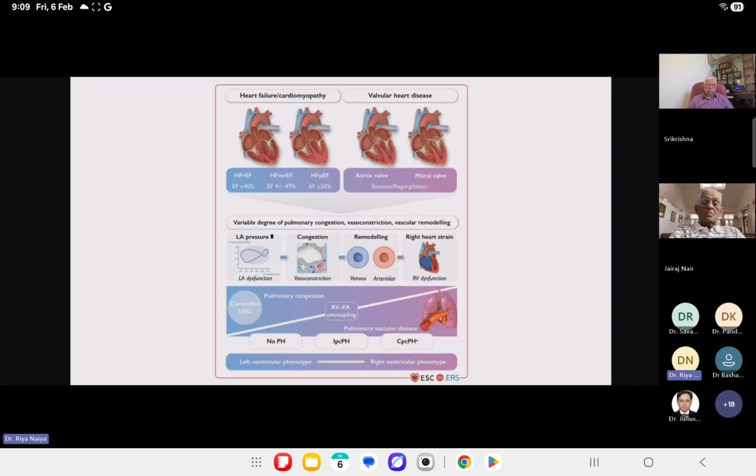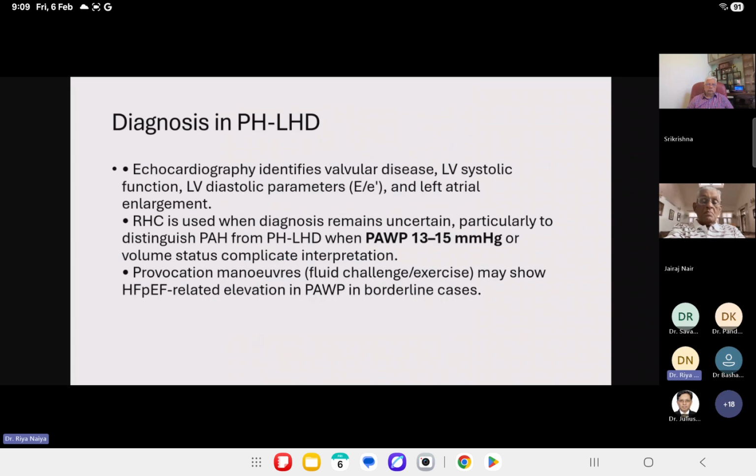Diagnosis of pulmonary hypertension with left heart disease. Main modality of diagnosis is echo, which identifies the valvular heart disease, the LV systolic function, LV diastolic parameters, and left atrial enlargement. Right heart catheterization is used for diagnosis when it remains uncertain, particularly to distinguish between pulmonary arterial hypertension and pulmonary hypertension because of left heart disease, when the pulmonary artery wedge pressure is 13 to 15 or volume status is complicating the interpretation.